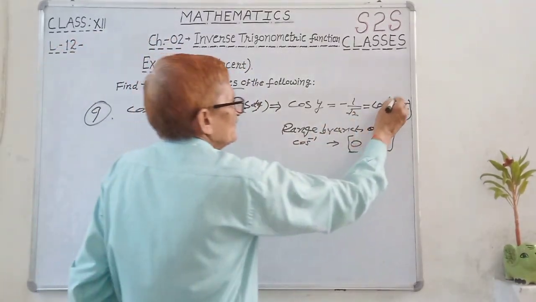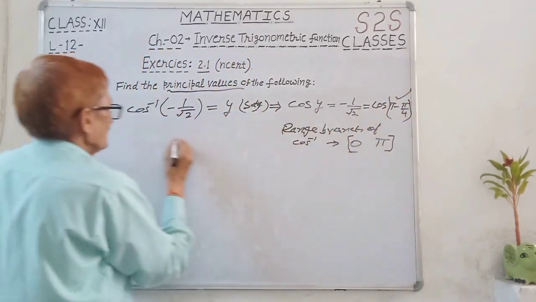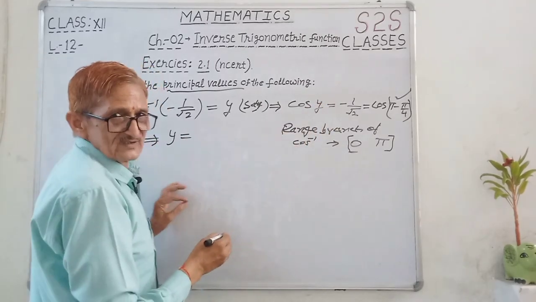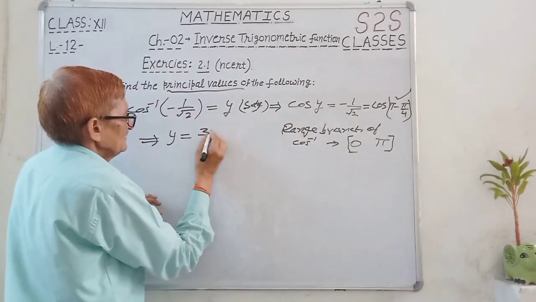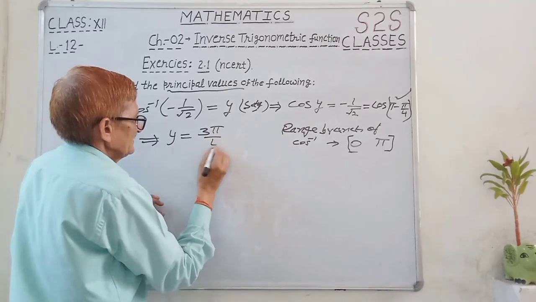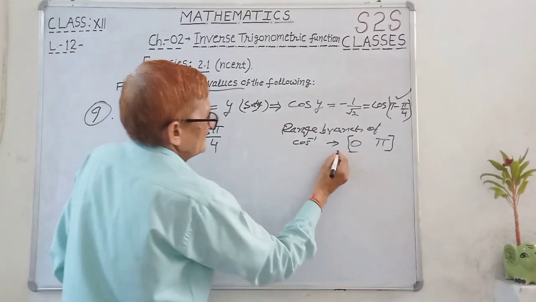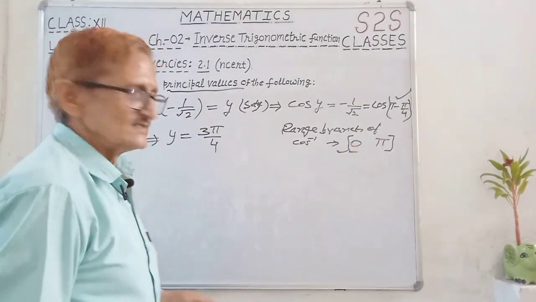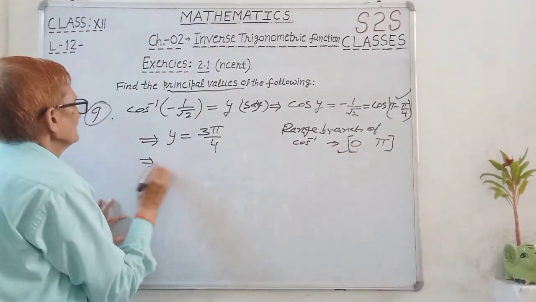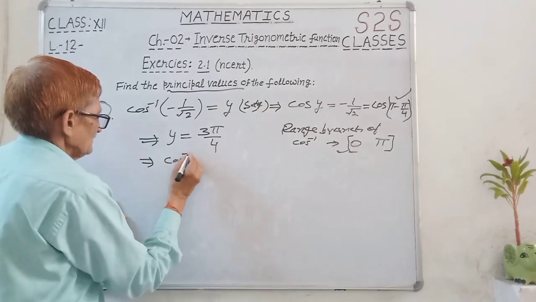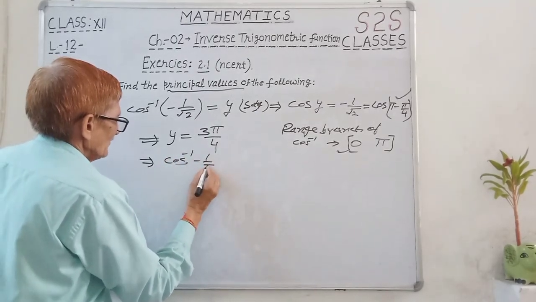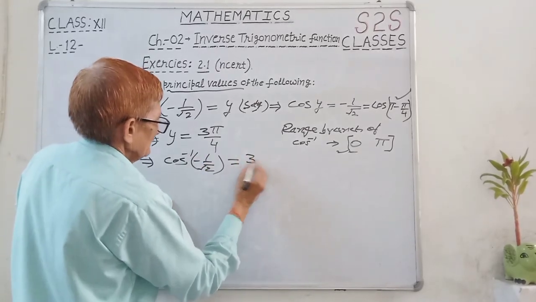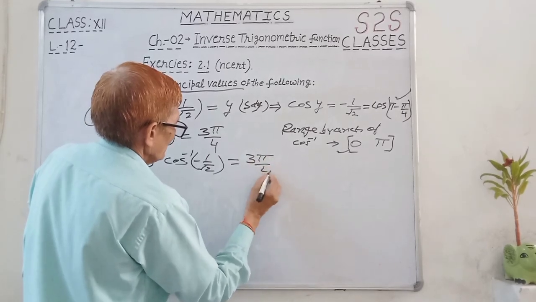Then cos cancels out, and y is equal to pi minus pi by 4, that is 3 pi by 4. And it is in the branch because 3 pi by 4 is between 0 and pi. So cos inverse of minus 1 upon root 2 is 3 pi by 4.